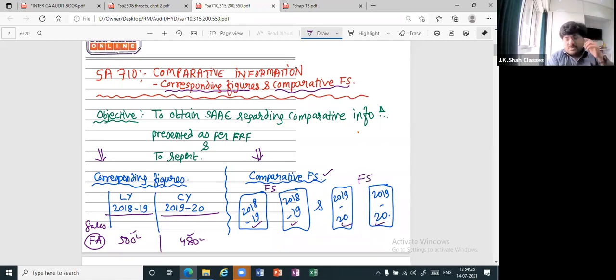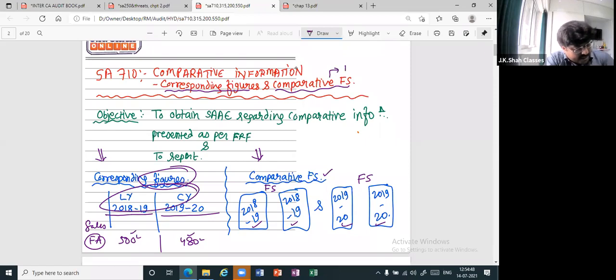First they will give you balance sheet, P&L, cash flow of 1819, then balance sheet, P&L, cash flow of 1920. So that becomes comparative financial statements. So you can compare entire financial statements. Here you are just comparing figures, amounts. Now do you understand? Acha.